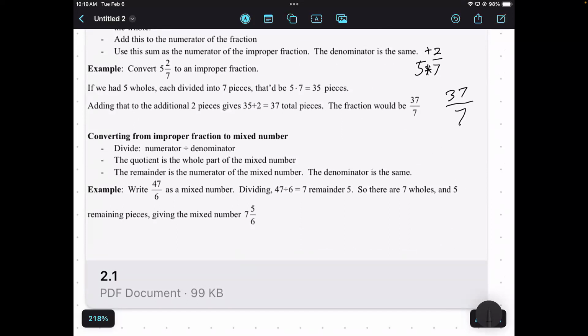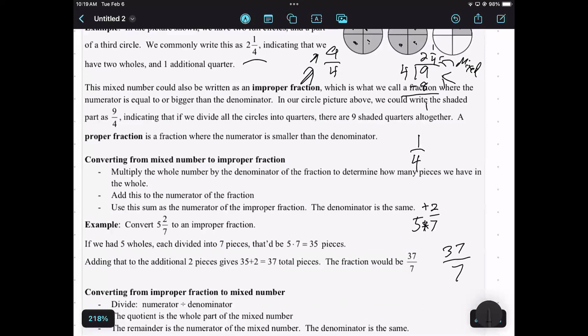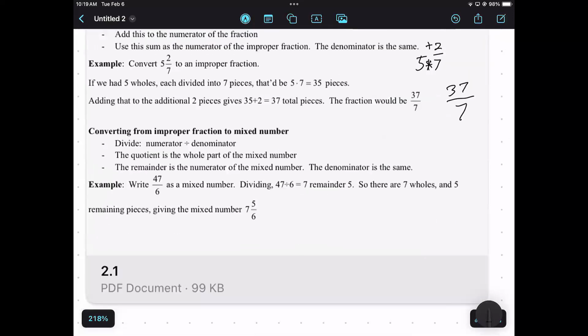Now, as we go through converting the improper fraction back to the mixed number, we showed it with the division. Here we have an example: 47/6. And this is where I remember that the bar means division. And so I'll say 47 divided by 6.